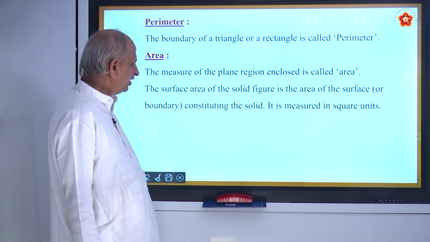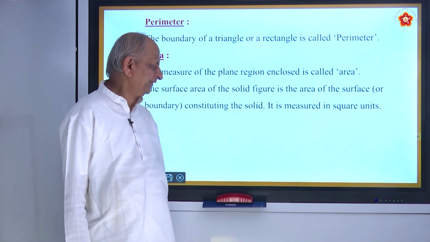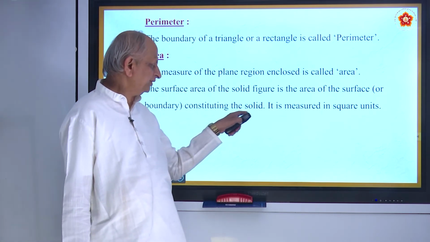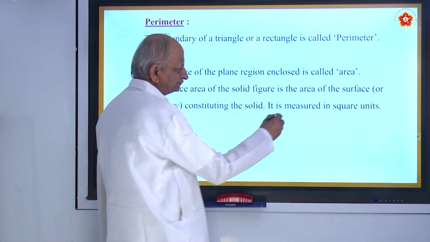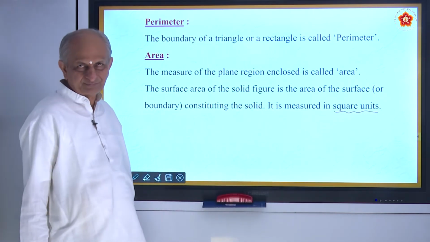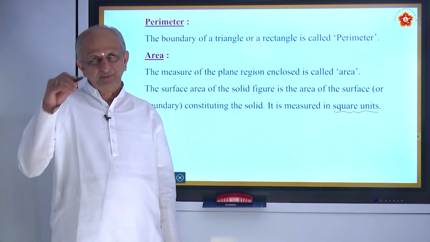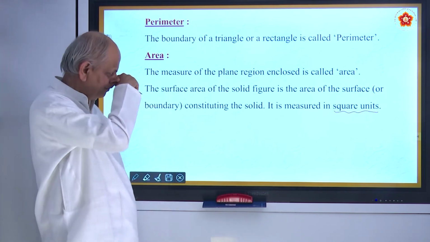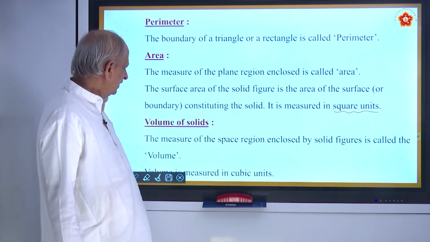Surface area of a solid figure is the area of the surface or boundary constituting the solid. It is measured in square units. That is important. In such problems, you must write centimeter square or meter square, etc. Square units. And what about volume?